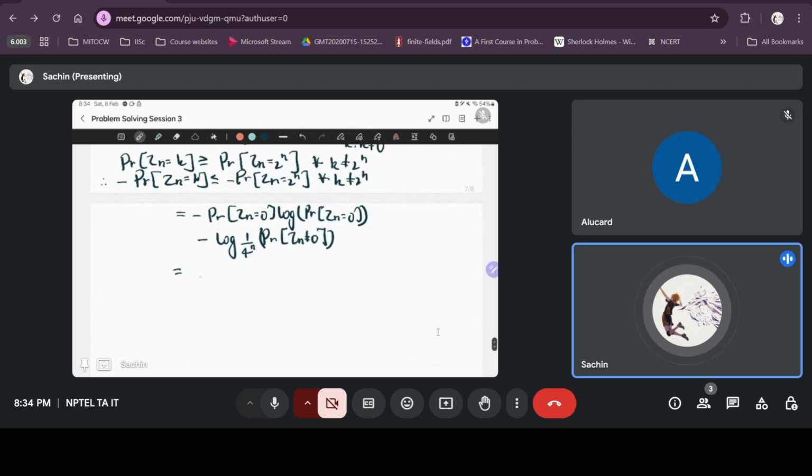So this is equal to minus probability Zn equals 0 log of probability that Zn is equal to 0 plus 2n into 3 by 4 power n.